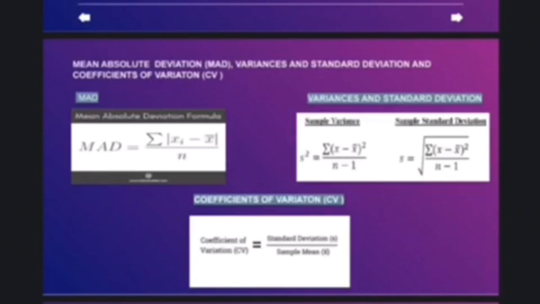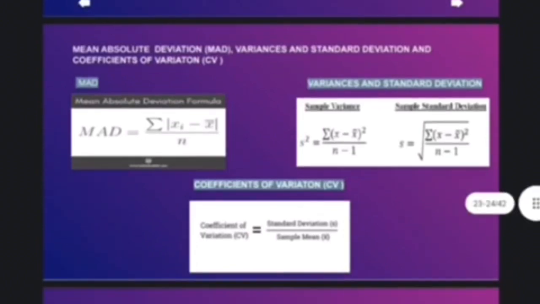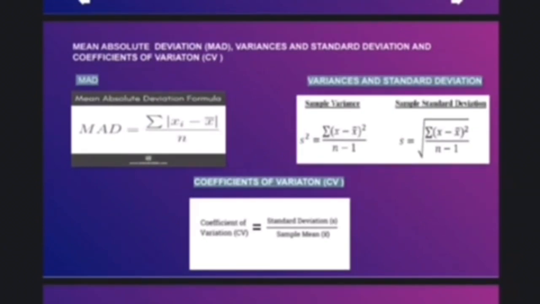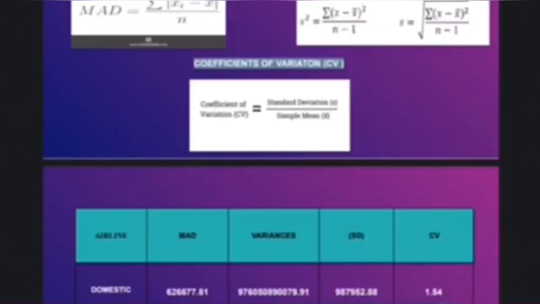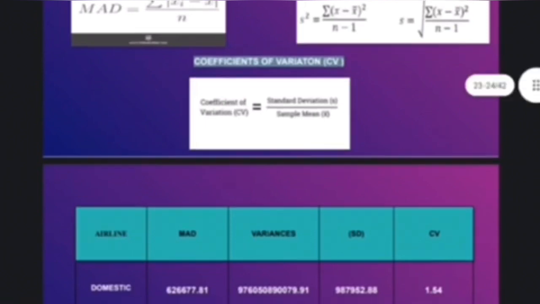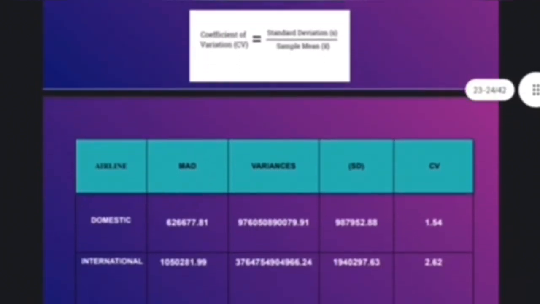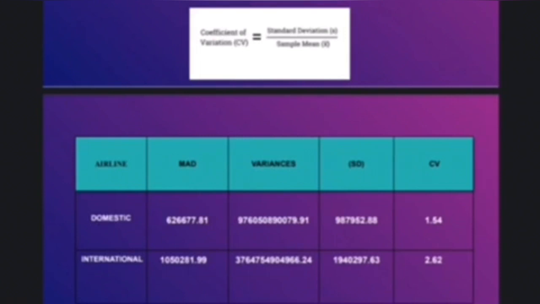To get variance, sum of xi minus x-bar squared divided by n minus 1, which is 23. And to get standard deviation, square root of the variance that we got before. Lastly, to get CV, standard deviation divided by mean. As you can see, MAD, variance, standard deviation, and CV for international are bigger than domestic.